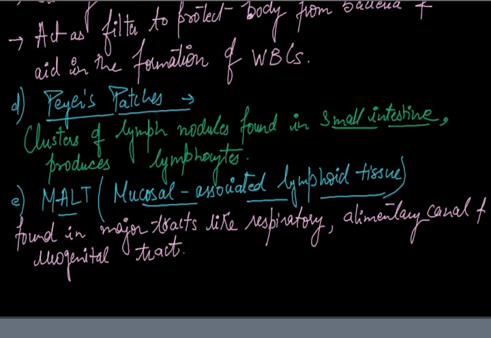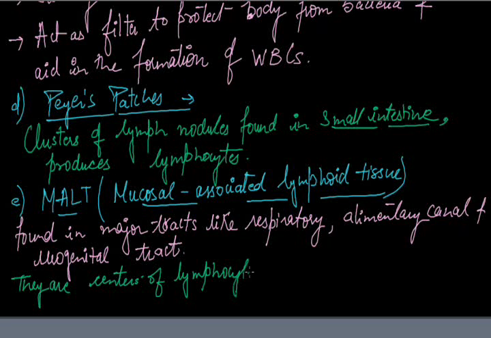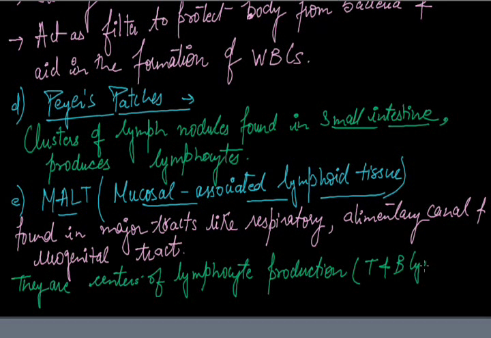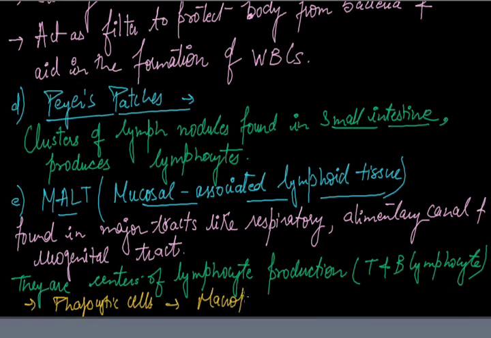Next, they are the central site of lymphocyte production, which includes T and B lymphocytes. Besides this, they also produce phagocytic cells, macrophages and dendritic cells.